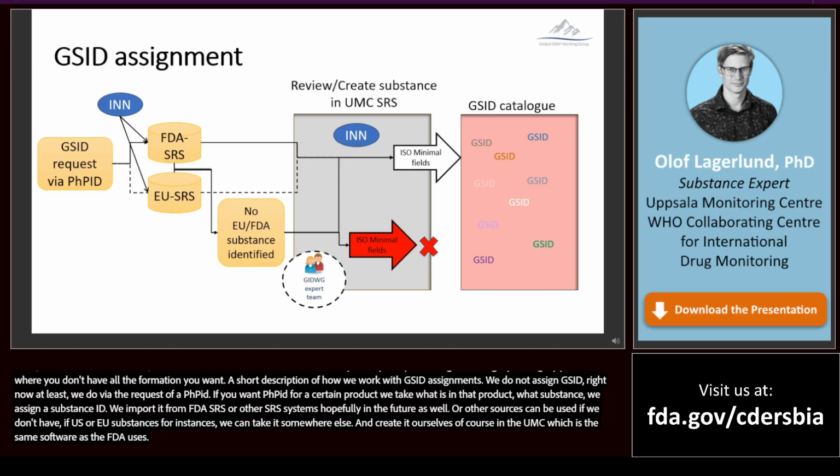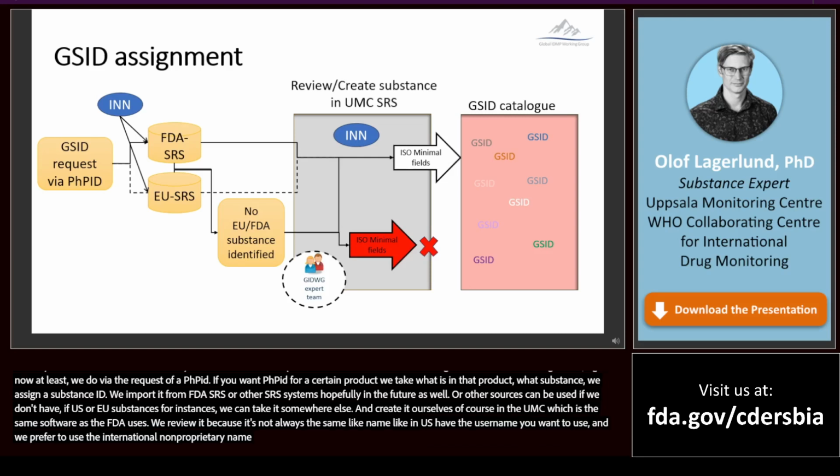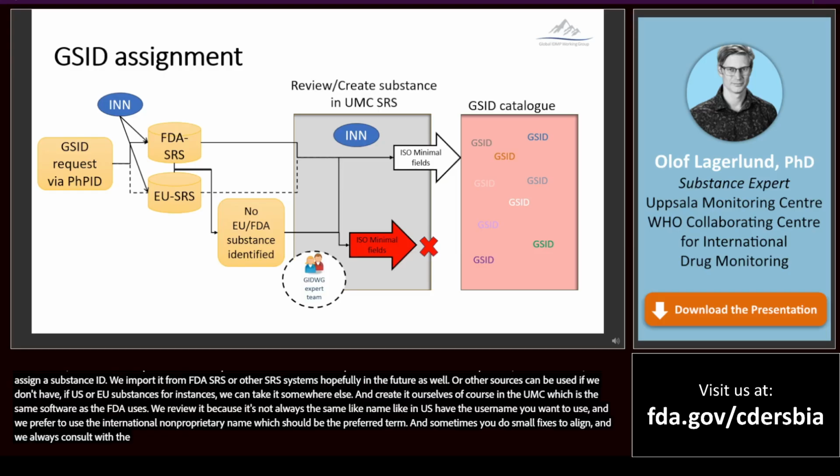We review it because it's not always the same name. Like in the US, you have the user names that you want to use, and we prefer to use the international non-proprietary name, the INN, which should be the preferred term. Sometimes you do small fixes to align, and we always consult with the GIDWG expert team if there are any issues at all.